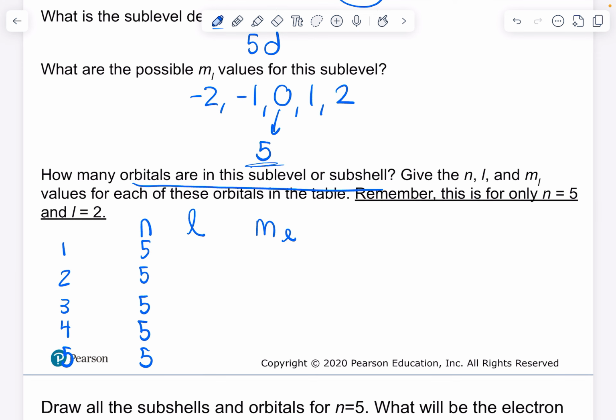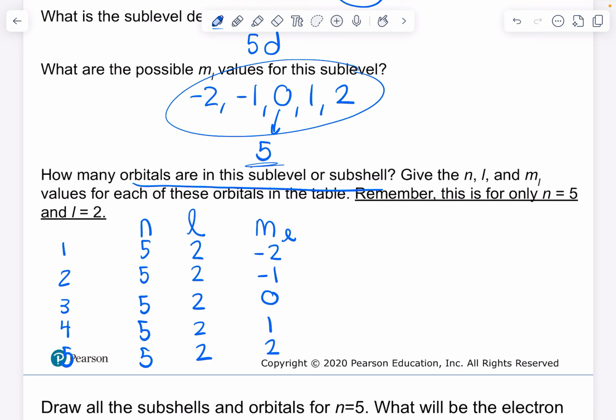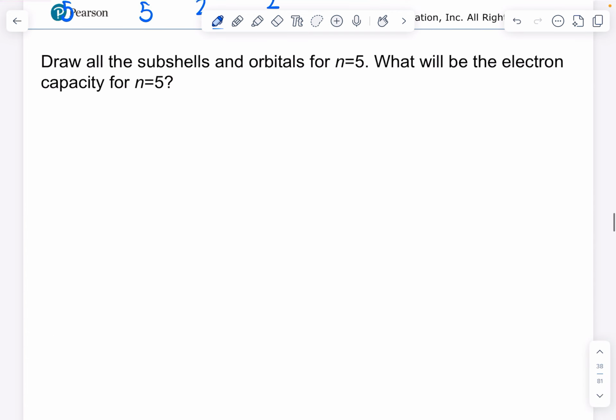L is equal to 2, so each one of these has an L value of 2. And then the M sub L is what we listed up here: -2, -1, 0, 1, 2. Okay? All right, last one.